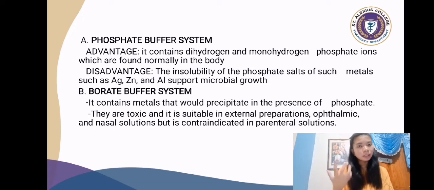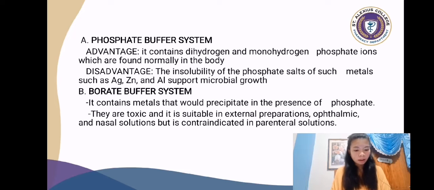But it also has its disadvantage where the insolubility of the phosphate salts of such metals as the silver, the zinc, and the aluminum support microbial growth. So, these different metals daw na nandoon sa phosphate buffer system, it is insoluble and it supports microbial growth.